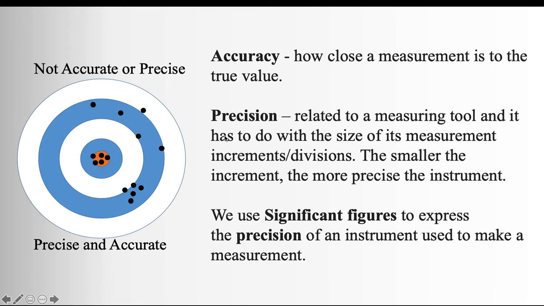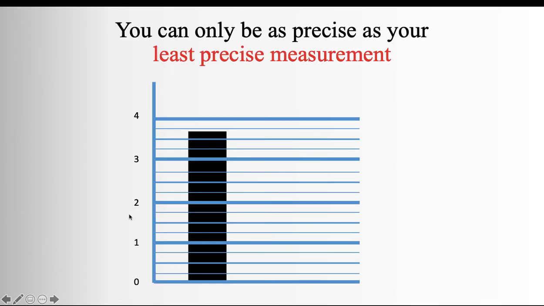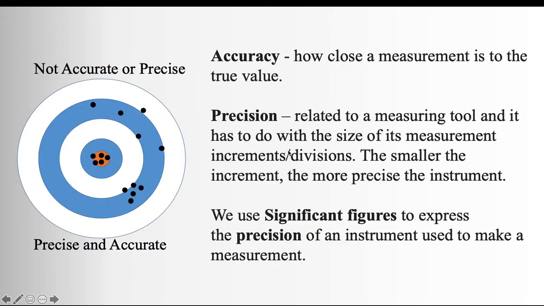Precision, on the other hand, is related to the measuring, so whatever your measuring tool is or your instrument, and it has to do with the size of the increments or the divisions. Just like we said here, when you have a division of 1, it's not as precise as if you have a division of 0.5 or 0.25. So the more divisions you have, the smaller the increments, the better that your precision is going to be.